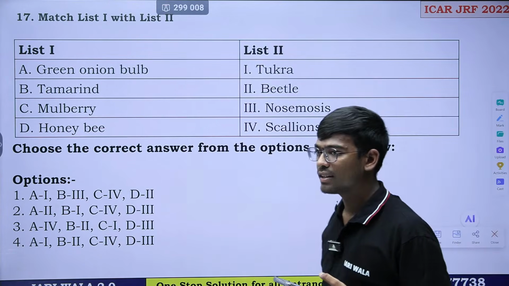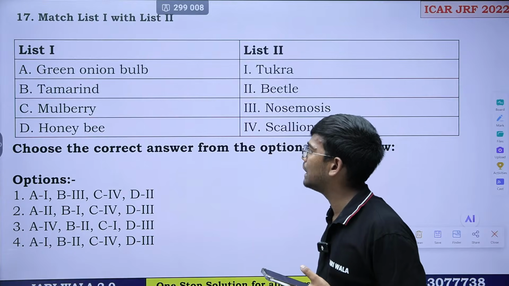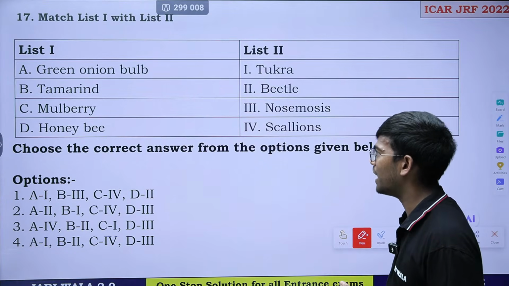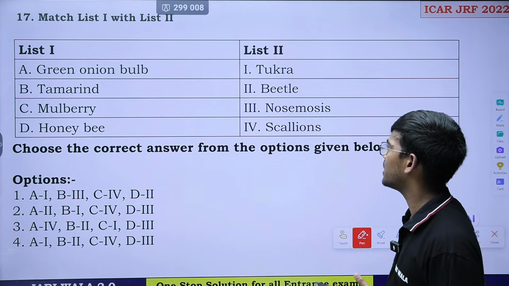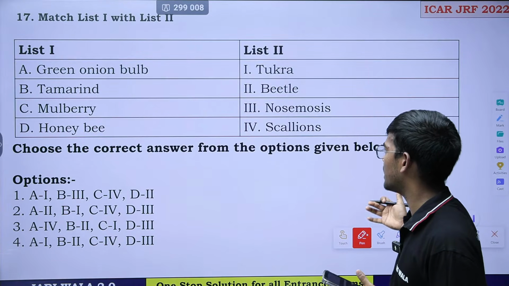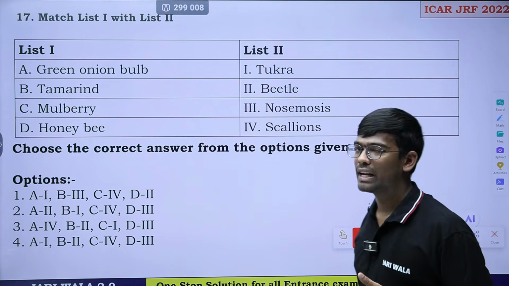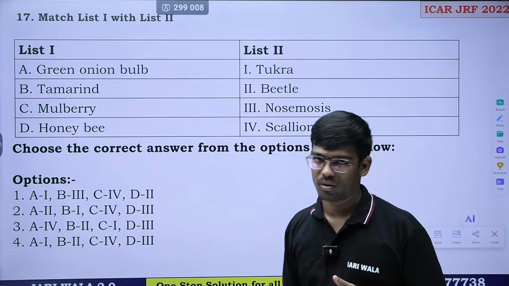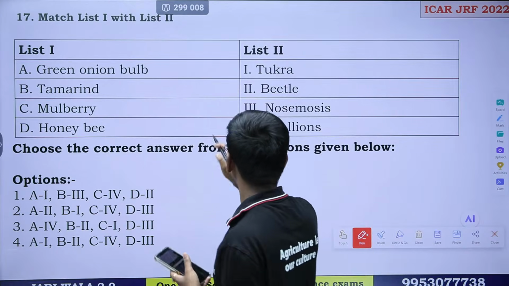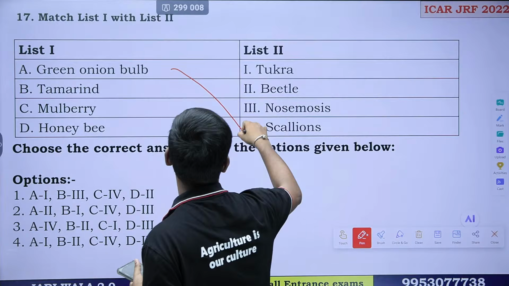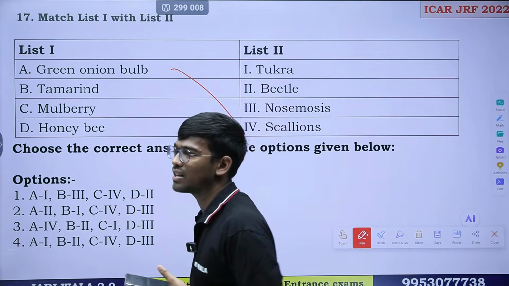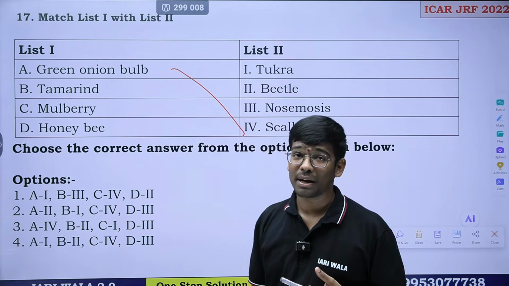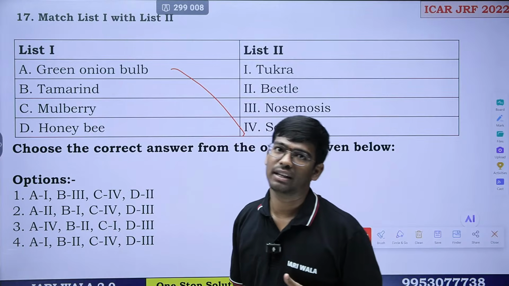And here we can see one more matching: the green onion bulb, tamarind, mulberry and honeybee, and their associated things like tukra, beetle, nosemosis and scallions. Scallions are nothing but spring onions. So A comes to 4 directly. Then tamarind, we already discussed, internal feeder, primary pest and internal feeder, that is tamarind beetle.